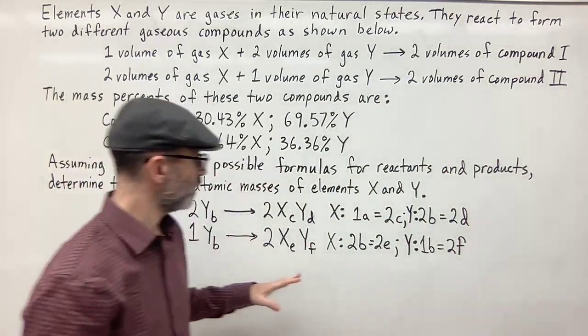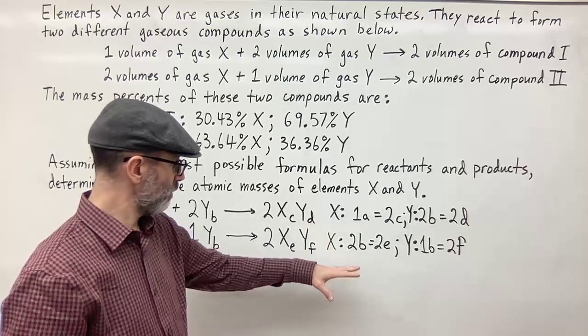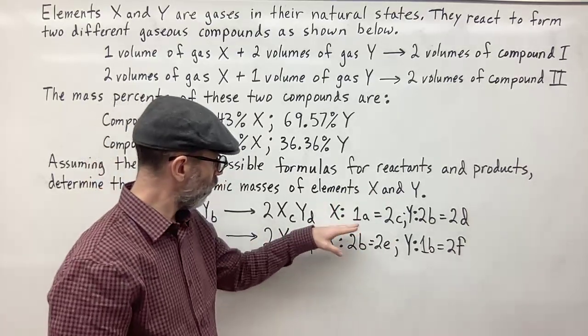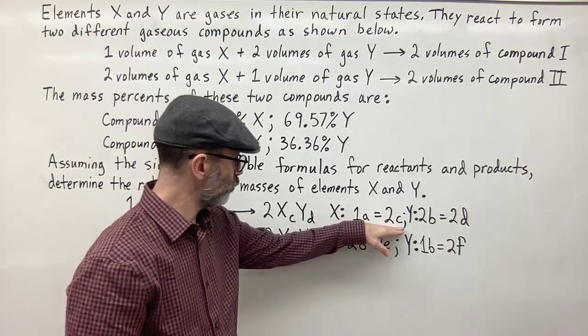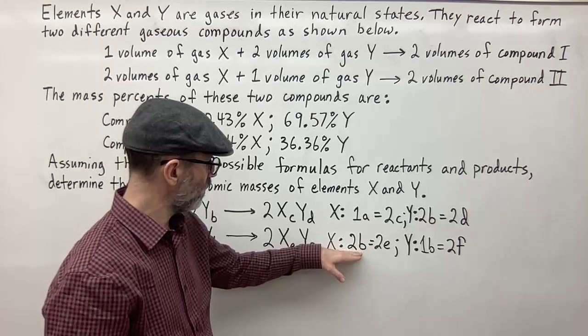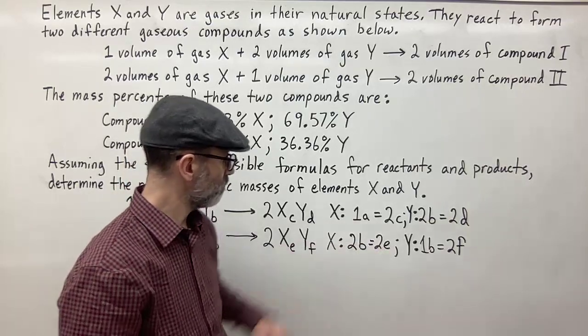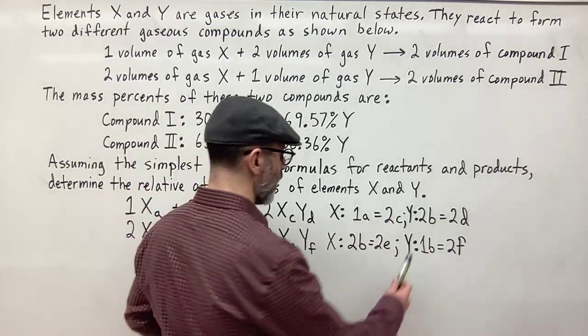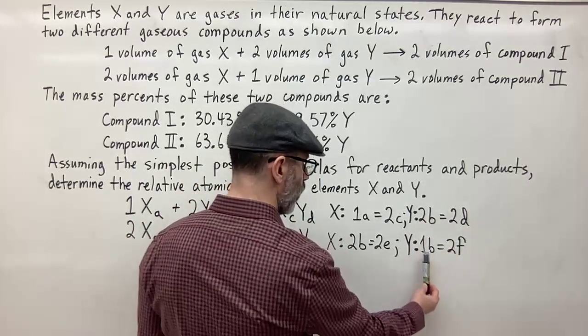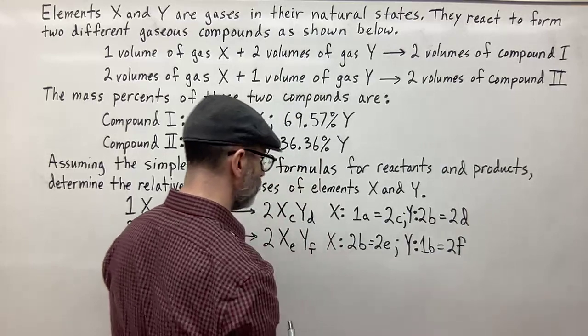So now you see that here for the X's, for both equations, we have 1A is equal to 2C. And then here we have 2B is equal to 2E. And then here we have 2B is equal to 2D, and 1B is equal to 2F.